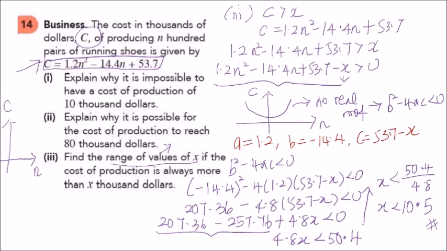That means, what is one possible value of x that's less than 10.5? 9. So we are saying that it's always more than $9,000.